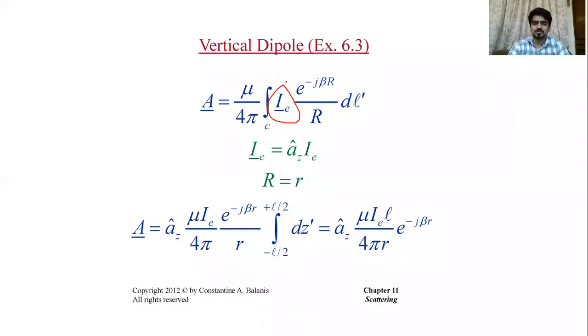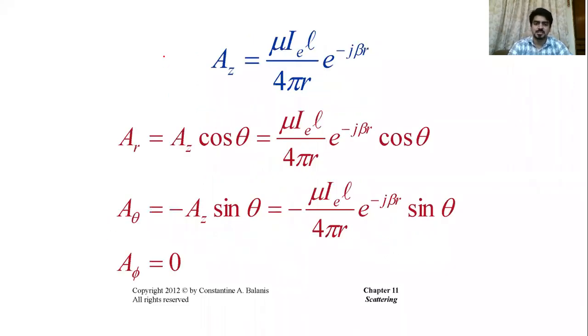As a result of that current source Ie, using this integral, right, we can find the corresponding vector potential A. And again, what will be the range of our integration? We will integrate over the length of that dipole. So it will be from negative L by 2 to positive L by 2. And when we do this closed form integration, this will be your vector potential along the z direction. It has a z component.